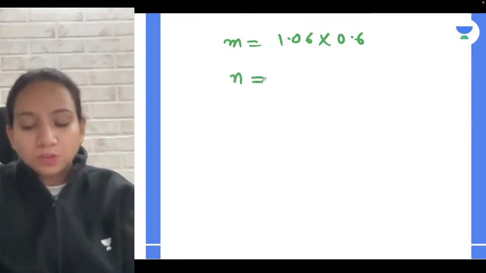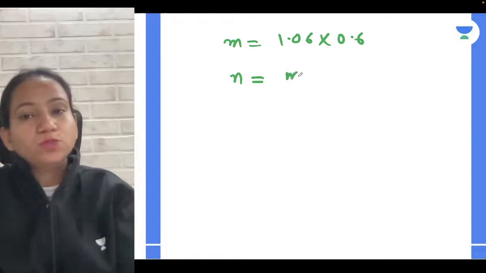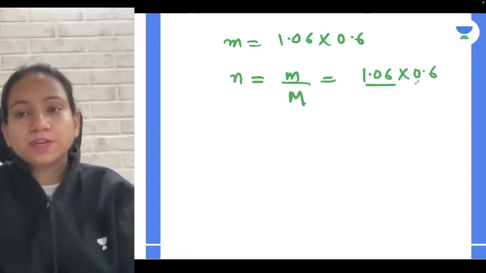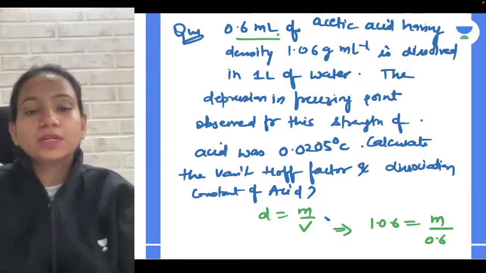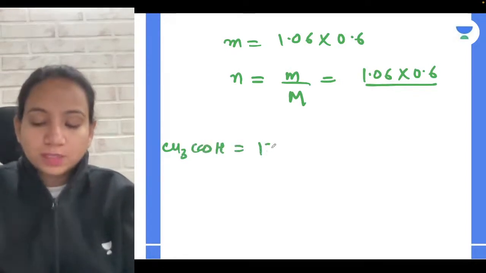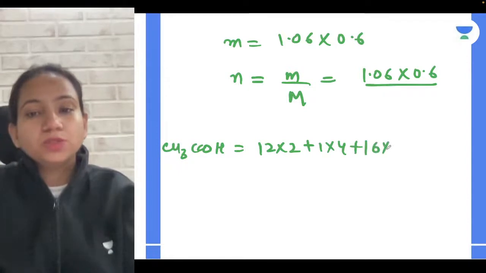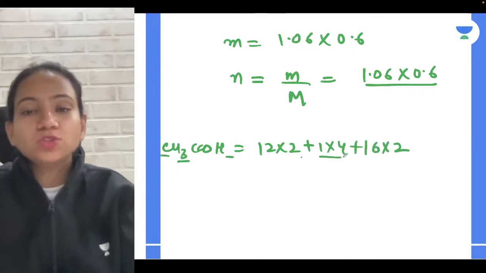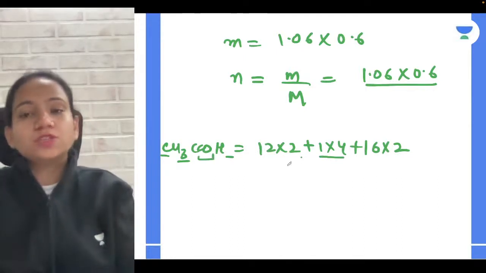Now can I calculate the number of moles? Yes, the number of moles is mass divided by molar mass. So 1.06 into 0.6 divided by the molar mass of CH3COOH, acetic acid, which we can calculate: 12 into 2 plus 1 into 4 plus 16 into 2, because there are 2 carbons, 4 hydrogens and 2 oxygens.